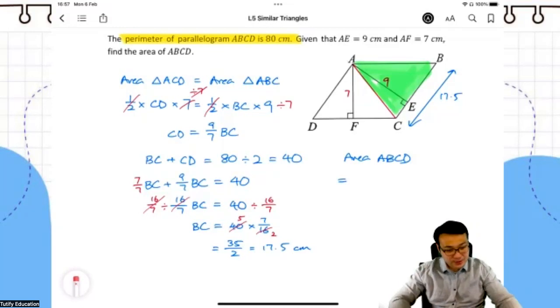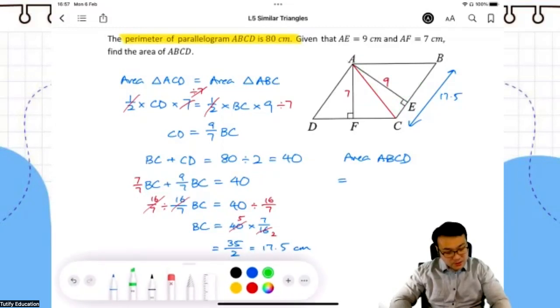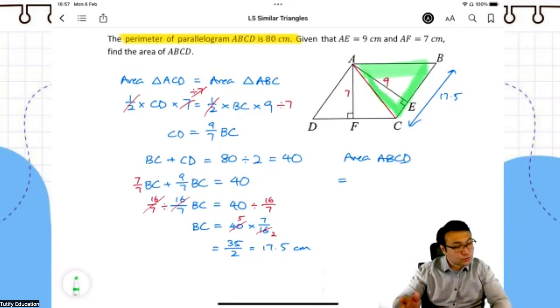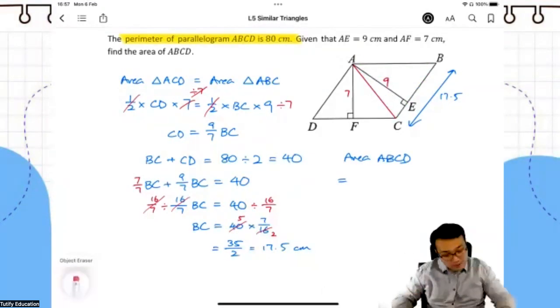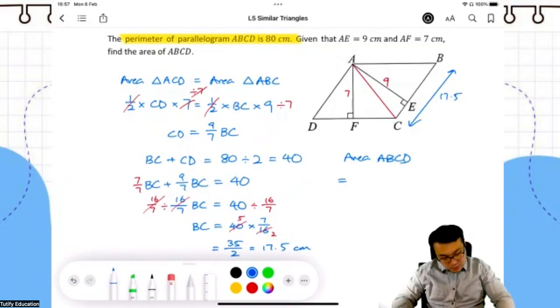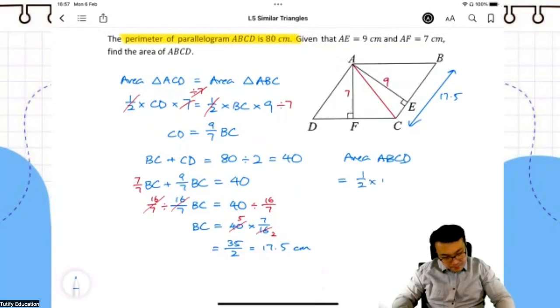Okay, so let's work it out, students. Because we already cut this parallelogram into half, if you can find one of these triangles, you just times 2 and you'll get the parallelogram. So ABCD equals half times base times height. But don't forget, you can just times 2. Then I might as well not write half, because half times 2 is just 1.